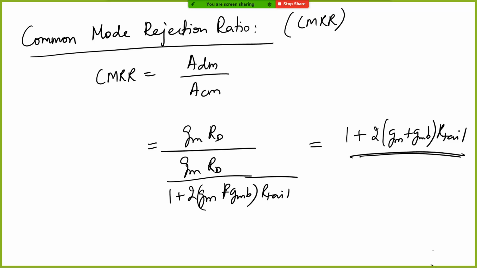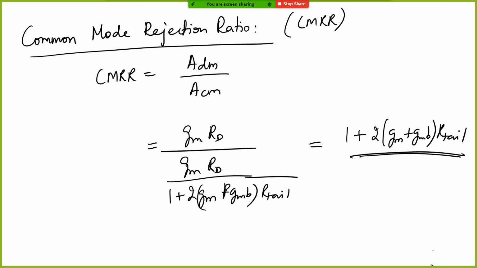Basically what is common mode rejection ratio? If your input voltage has both differential terms and common mode terms, we are talking about AC terms, DC we have separately looked at, right? What happens is that the gain of your common mode signals is much lower than the gain of your differential mode signals.